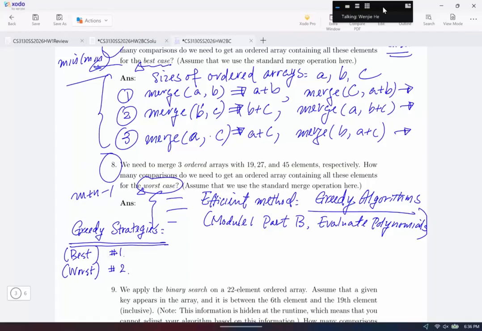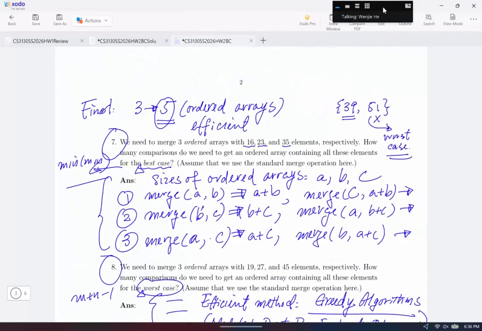Based on these 2 strategies, when you do the merge, every time you need to select two of the ordered arrays from the list. For the first question, you have a list of the sizes: 16, 23, 35, 19, 27, 45.